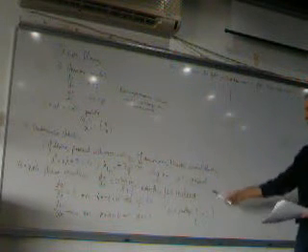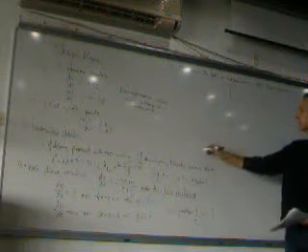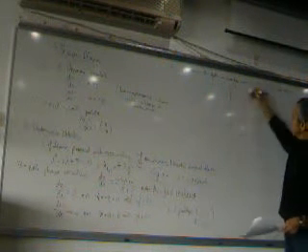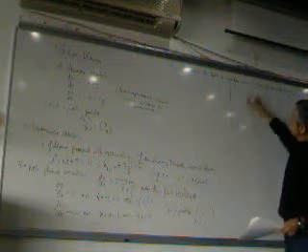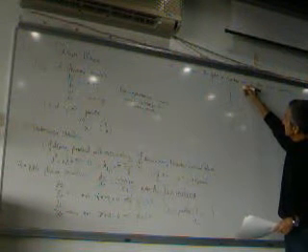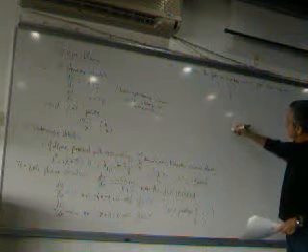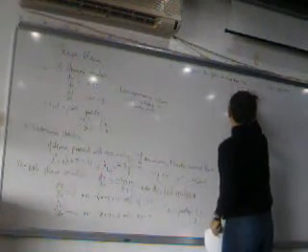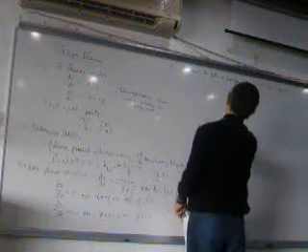One is y equals minus x, this line, and y equals 4x is this line. So let us say this is y equals 4x, something like that. I don't know, it may be correct. The other one is y equals minus x.